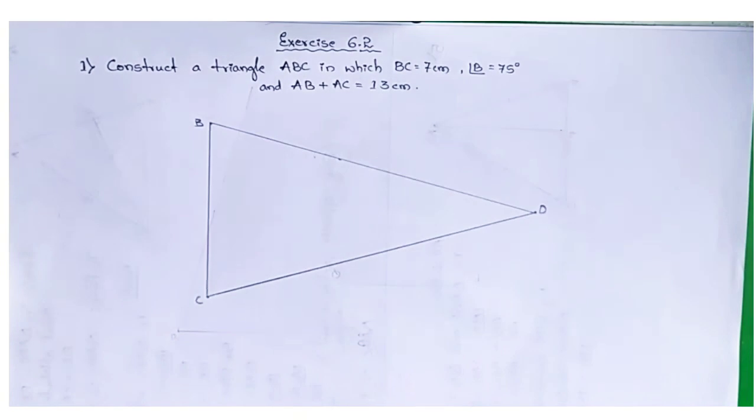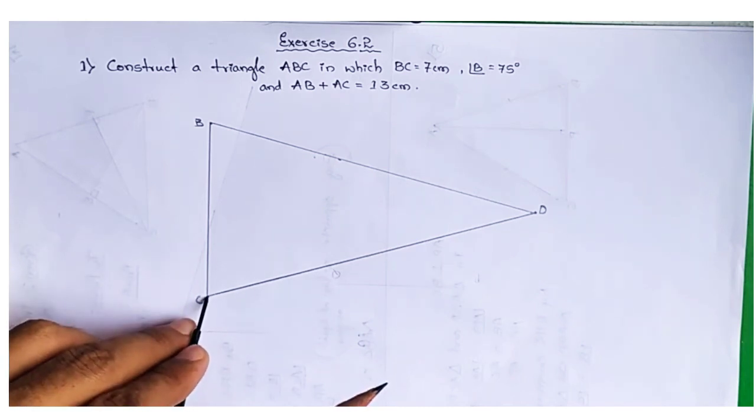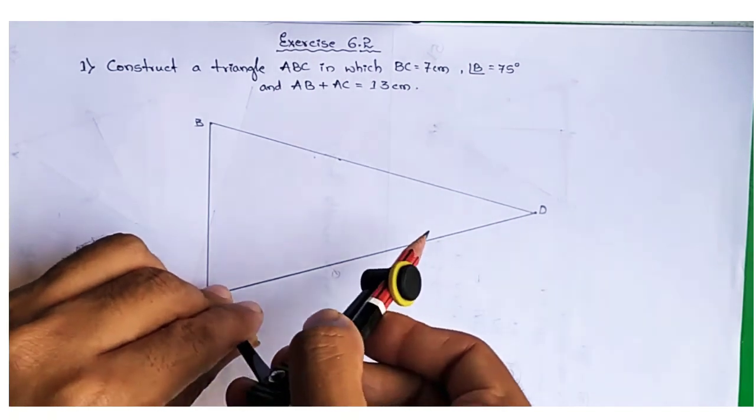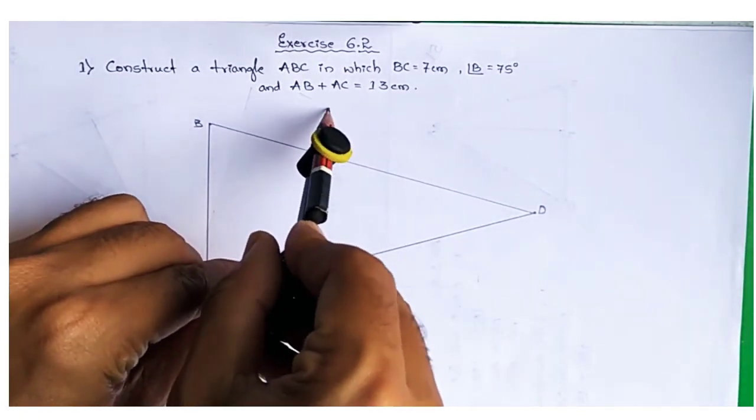Okay, the next step, divide this CD into two equal parts, or else draw a perpendicular bisector for the CD. I will start from C, taking more than half, and make an arc outside.